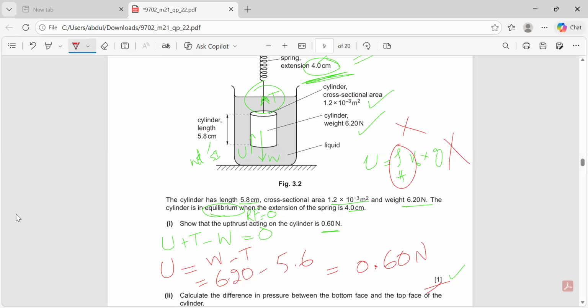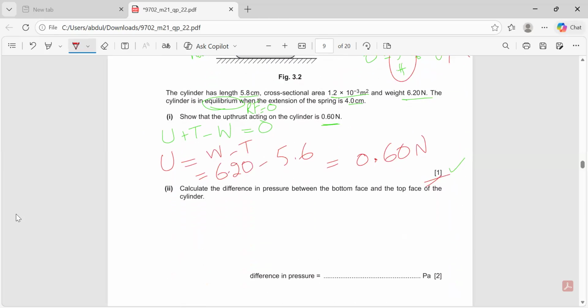Next, I will calculate the difference in pressure. That difference in pressure will be because of the difference in depth between the bottom face and the top face of the cylinder.